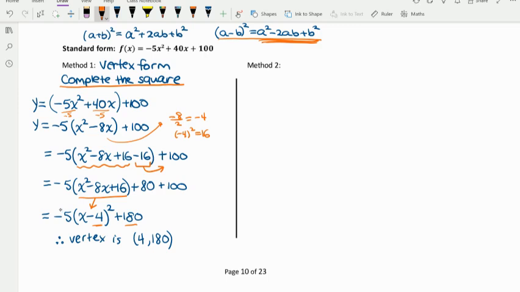It also opens down because my a value is negative. So it looks like an open down, and there's my vertex. So I guess we can also conclude that this is a maximum, because that's the maximum on the graph.